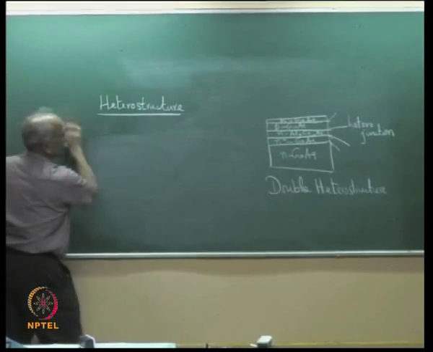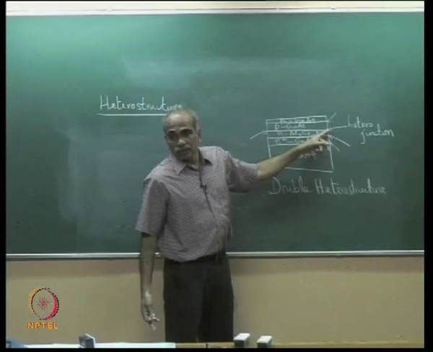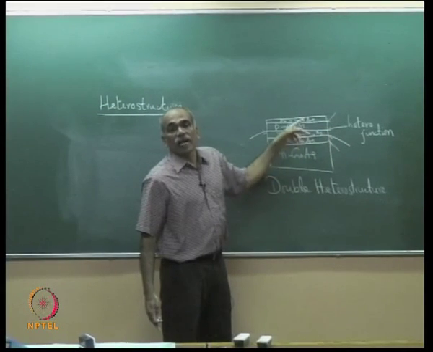We will discuss these in detail, but the point is, when you want to grow heterostructures, these are two materials with two different band gaps. If the junction should be free of defects, then they have to be lattice matched.